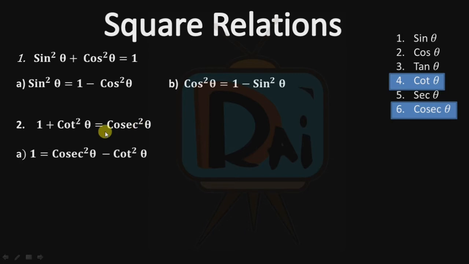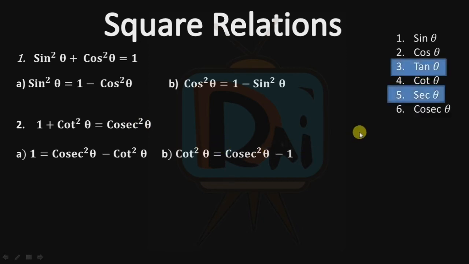So from here 1 is equal to cosec square theta minus cot square theta. Or cot square theta can be written as cosec square theta minus 1.